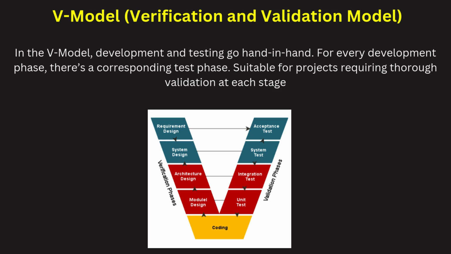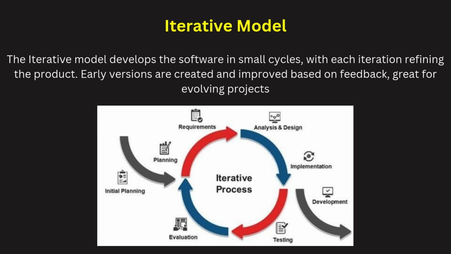The V model emphasizes rigorous validation at each step, reducing the risk of errors. It's often used in safety critical systems such as aviation software where every feature must be tested thoroughly before the release.